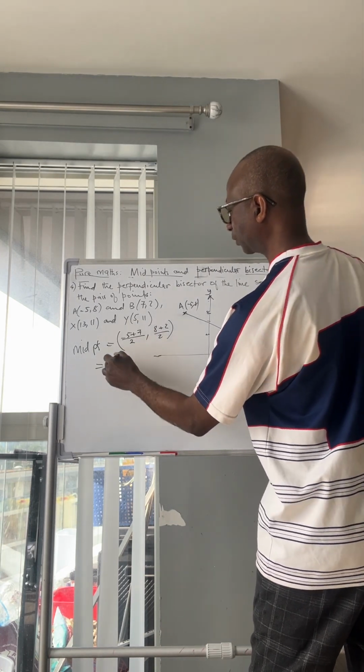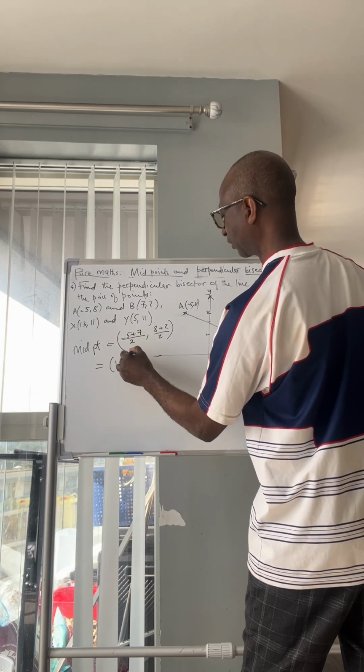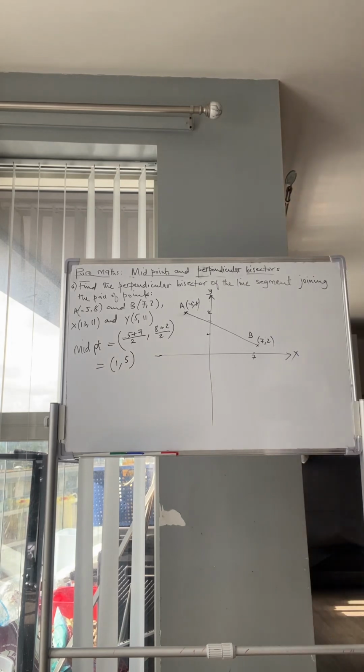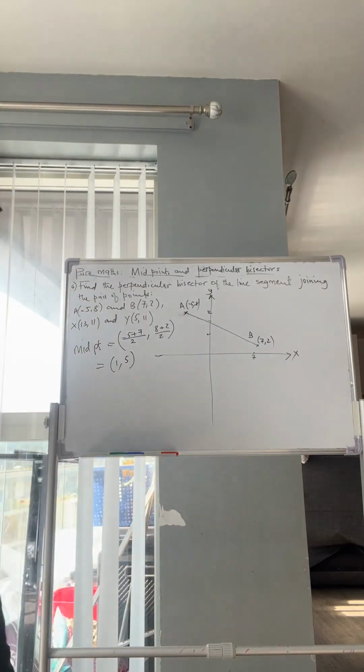This is 2 over 2, which is 1, and this is 10 divided by 2, which is 5. So the coordinates of the midpoint are (1, 5).